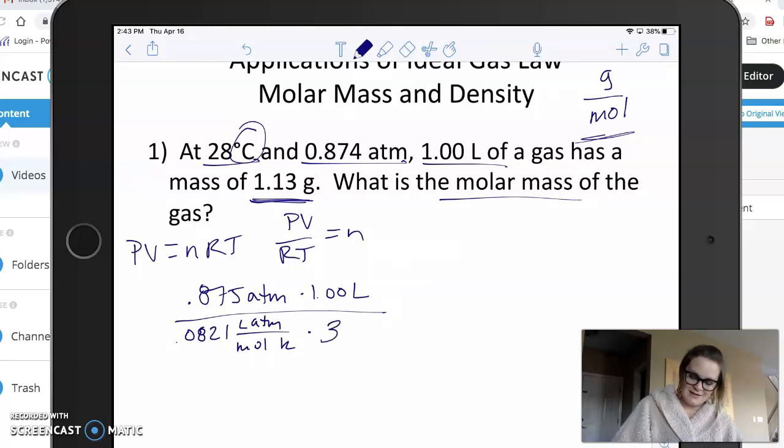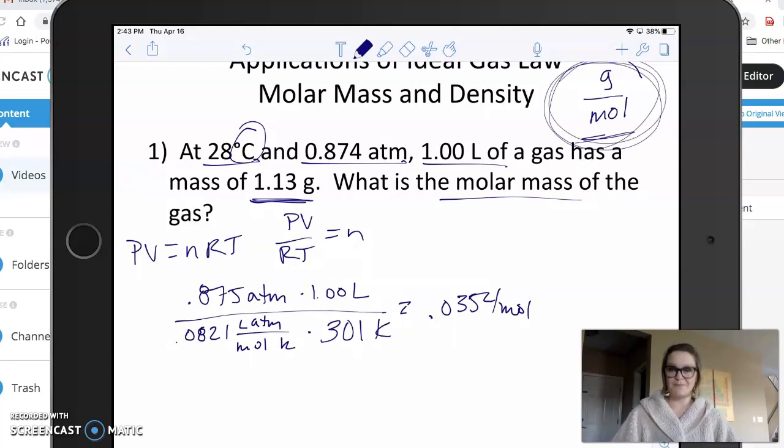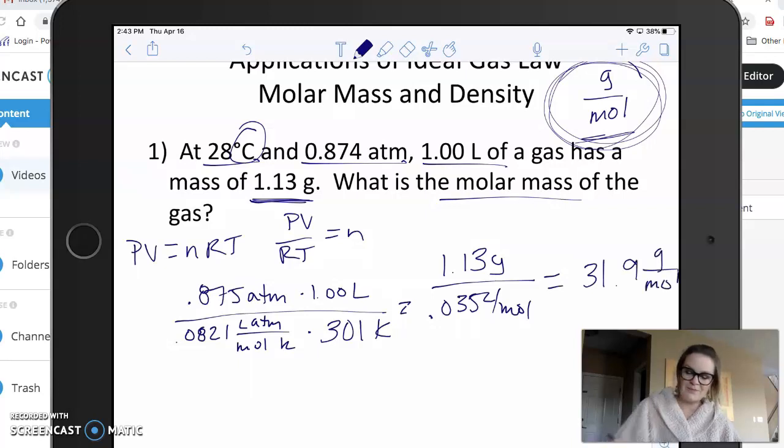So I got, I think, 301, and when I did this, I got 0.0354 moles. I'm not done though, because we want our final answer to have the units as being grams per mole. Now that I know the moles, I'm going to take the gram value and divide it by that, and I get a molar mass of 31.9 grams per mole.